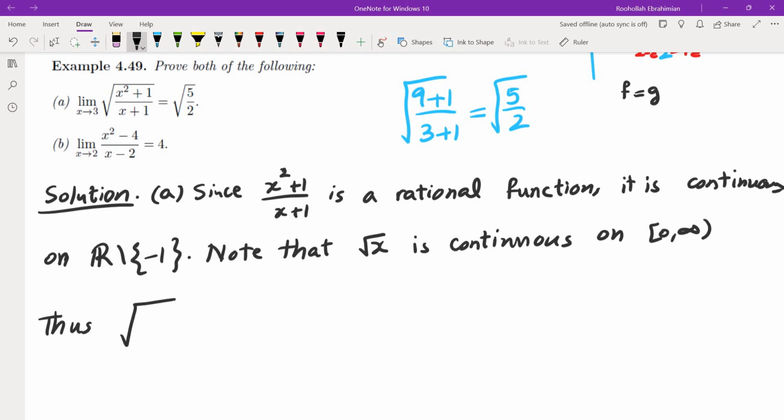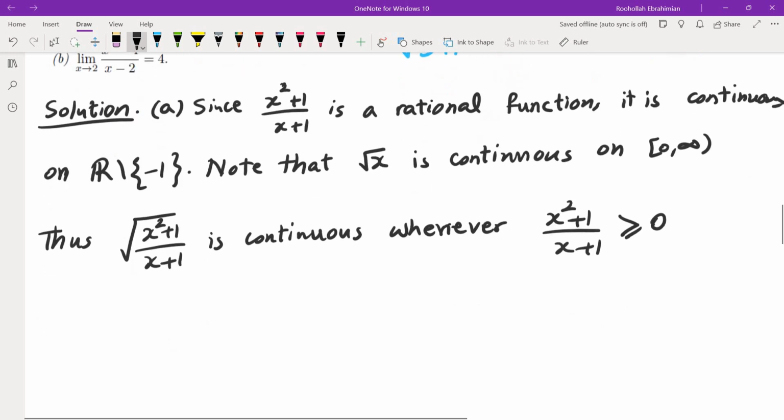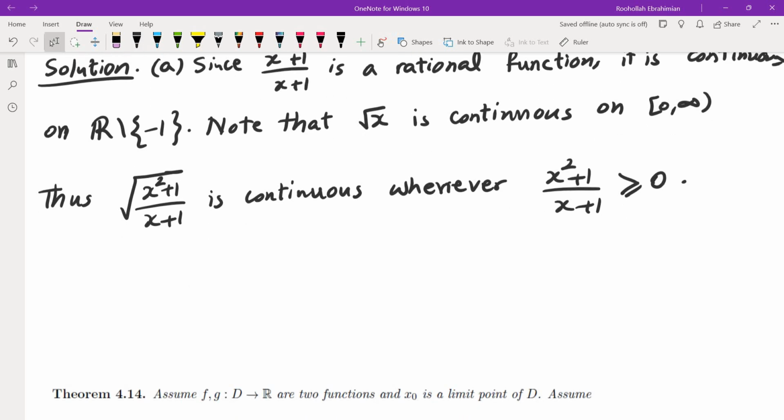Thus, square root of x squared plus 1 over x plus 1 is continuous whenever x squared plus 1 over x plus 1 is greater than or equal to 0. So whenever x squared plus 1 over x plus 1 is inside the domain of square root of x, that function is continuous.